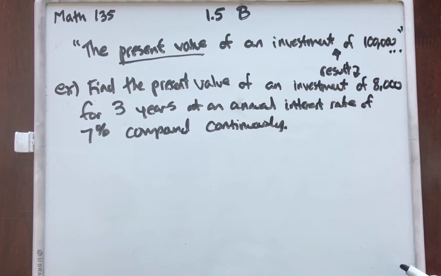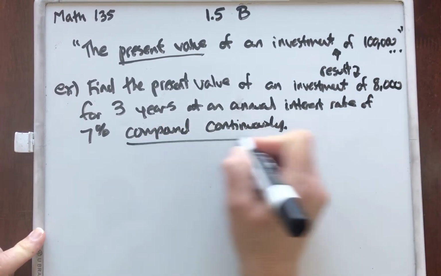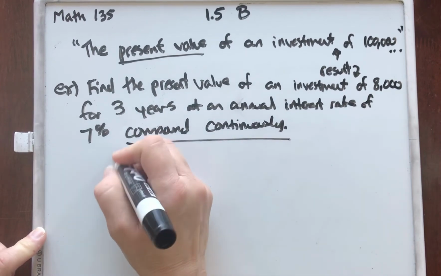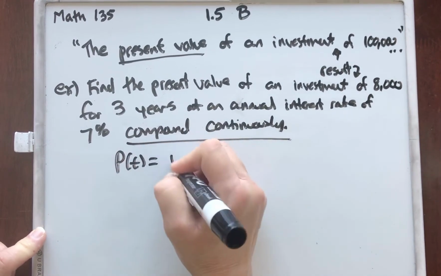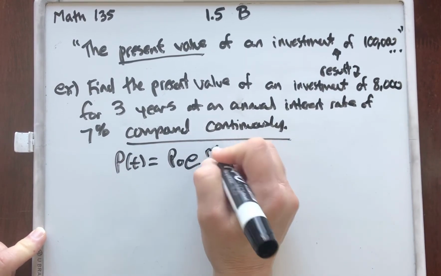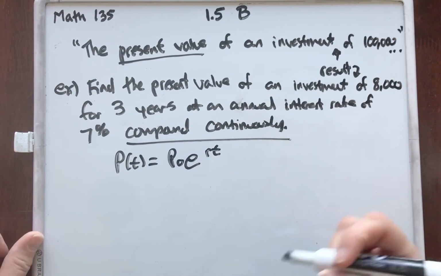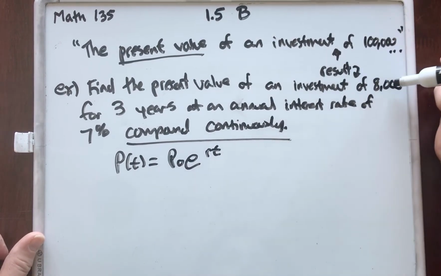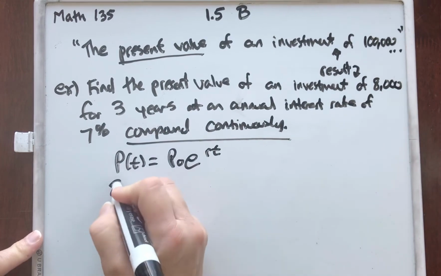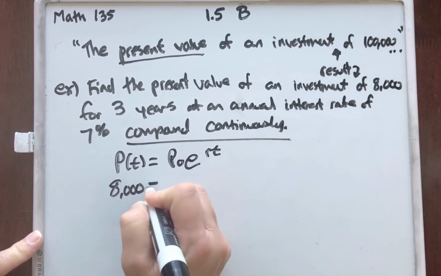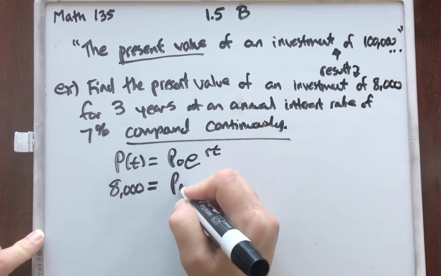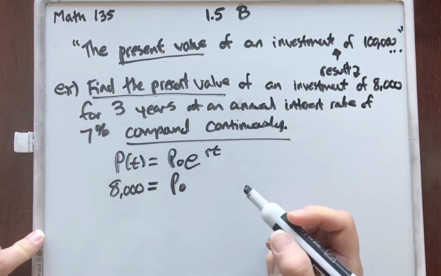Well, we heard the words compounded continuously, so we know we're going to be using P of T equals P naught e to the RT. All right. So the investment result of $8,000 means we're going to put P of T equals 8,000. We're looking for P naught because it says find the present value.